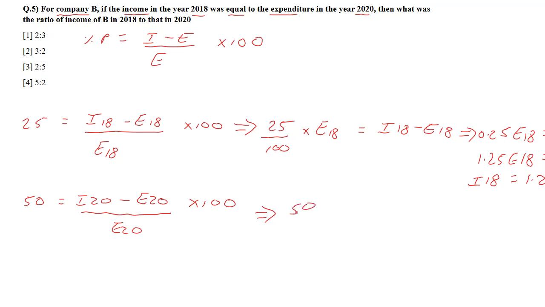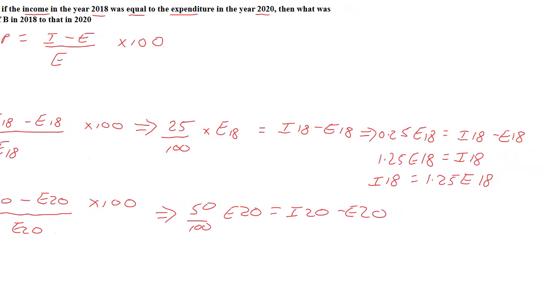So I'm going to end up with 50 upon 100 E20 is equal to I20 minus E20, which further simplifies to 0.5 E20 is equal to I20 minus E20. Now E20 subtraction goes that side, becomes addition, and we're going to end up with I20 is equal to 1.5 E20.